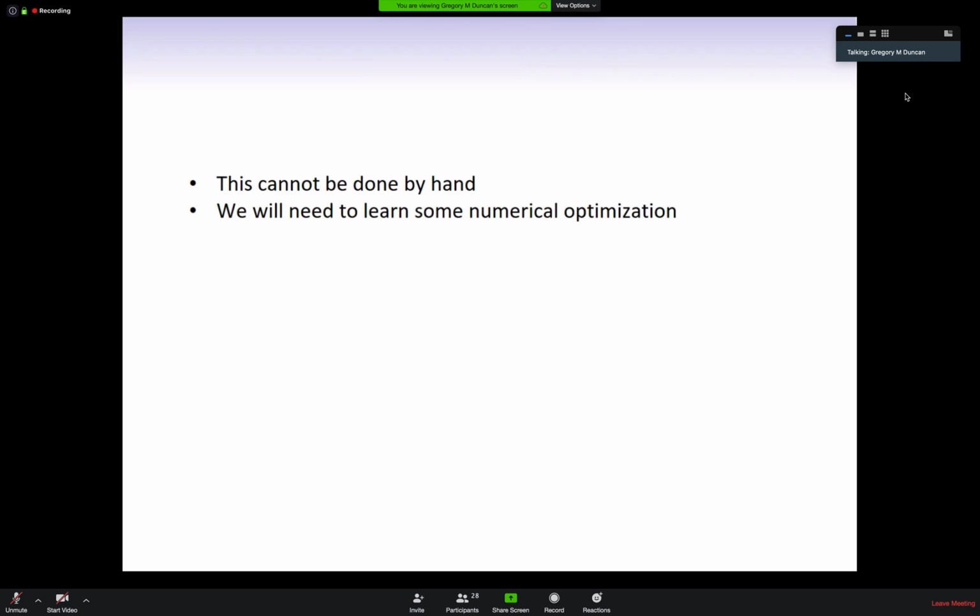And we're going to need to learn some numerical optimization. Now, it's going to turn out that GLM, one of the packages we're going to use, has a numerical optimization package built into it. The problem is numerical optimization has a lot more things that can go wrong with it than doing a regression.